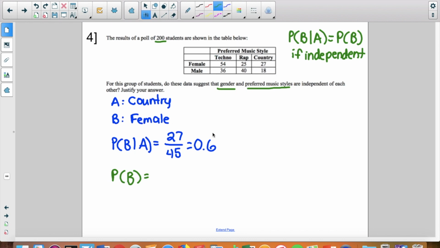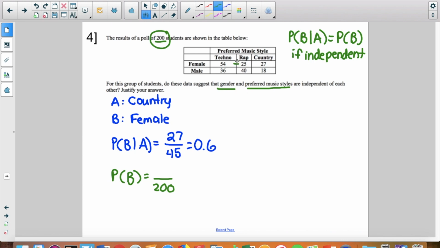So now we look at the absolute total. We're not reducing our sample space. Two ways you can get it: you can either add up all these numbers, or look, it tells us how many students were polled. So we know that 200 people took this survey. Now we have to figure out how many of them are female.